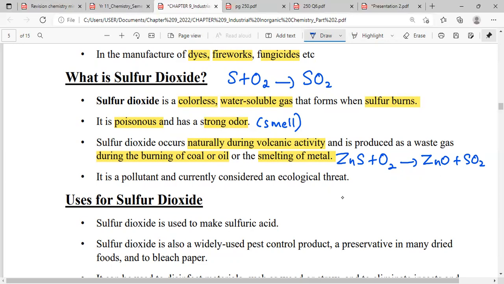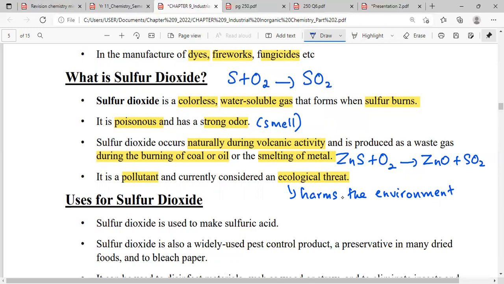It is a pollutant because it causes diseases to people, and it is considered an ecological threat. Ecological threat means it harms the environment, causes diseases and so on.